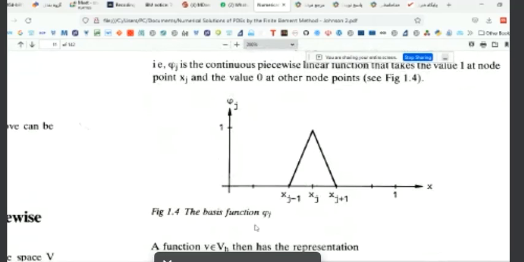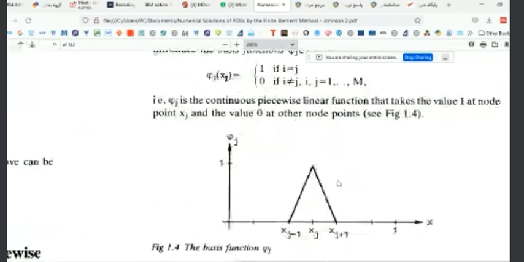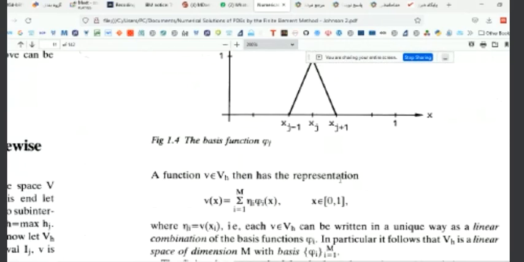Here is an example of psi_j. We can see this type of function, and we want to express our solution to the differential equation as a linear combination of different psi, and here is the basic idea of the finite element method.